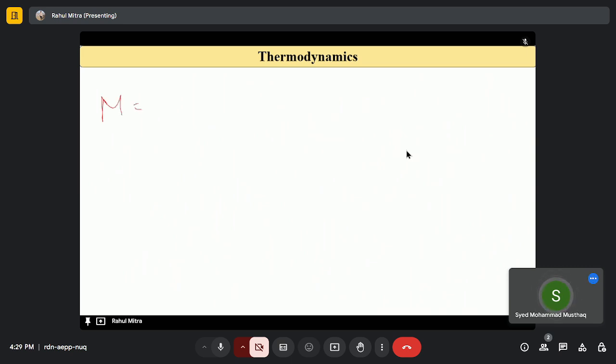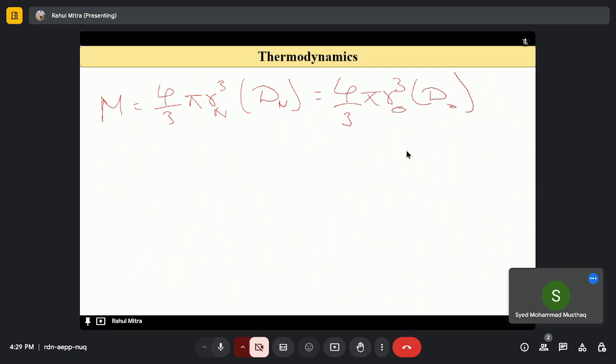M will be, again assuming a spherical particle, volume 4 by 3 pi r cubed, or I can represent it as volume of mu times density of mu, which equals 4 by 3 pi r old cubed times density of old.